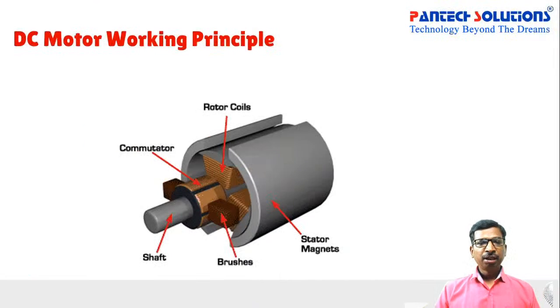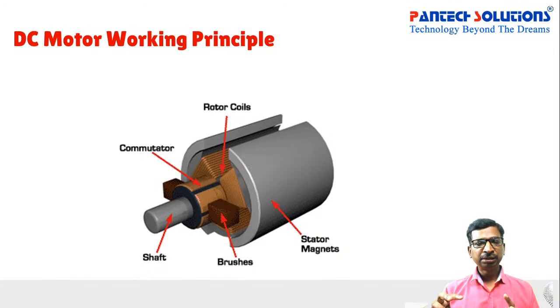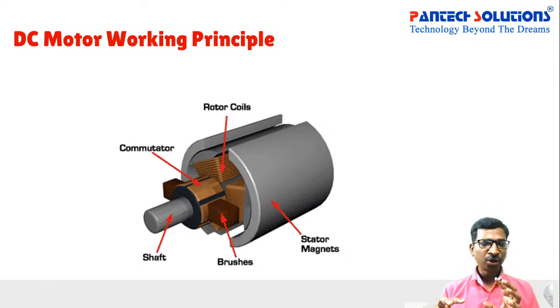Let us take the working principle of this motor. The major parts are five: the stator magnets, the rotor coils, the commutator, along with the shaft and the brushes. If you apply voltage to the machine, that voltage is passed through the brushes.